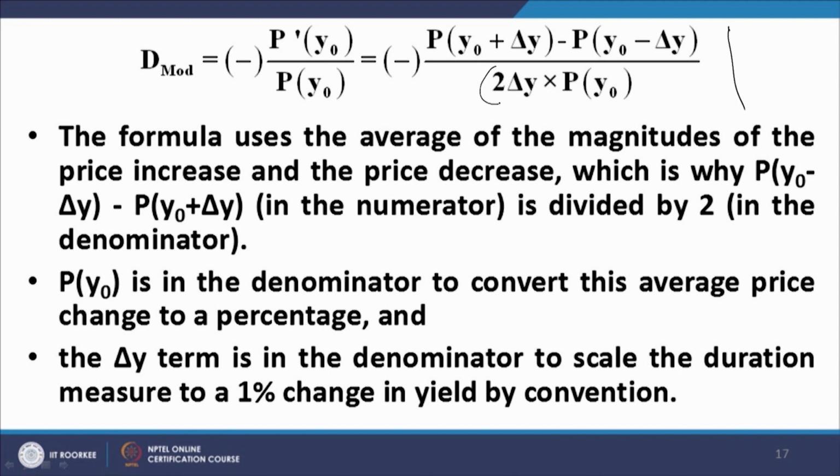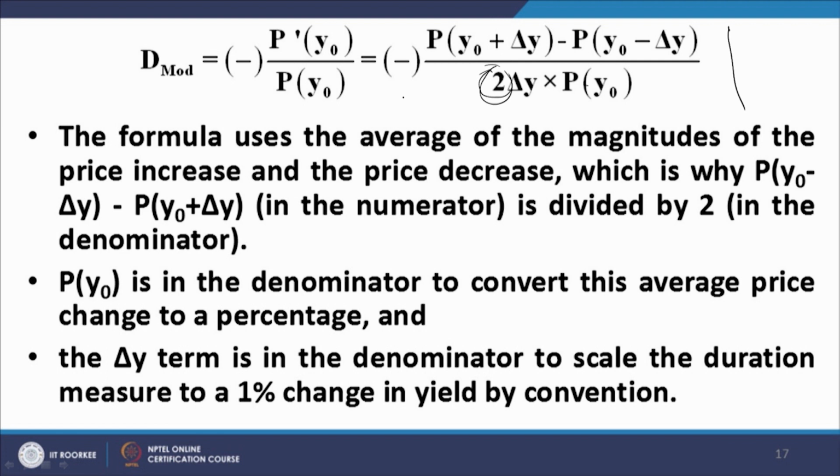This 2 is the averaging quantity, and the prices being considered are p of y 0, p of y 0 plus delta y, and p of y 0 minus delta y. So, it uses the average of the magnitudes of the price increase and the price decrease, which is why p of y 0 minus delta y minus p of y 0 plus delta y in the numerator is divided by this 2 quantity.